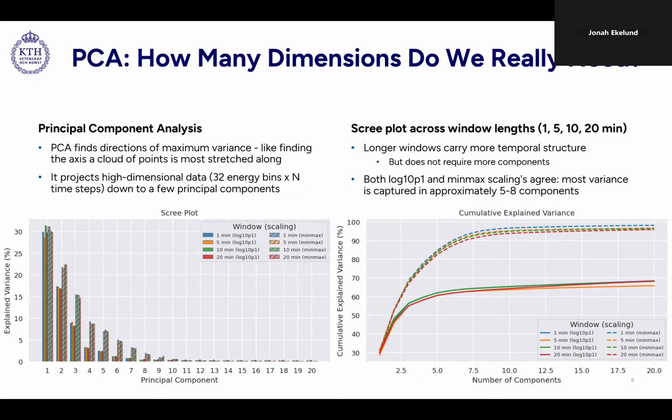And here we do this for log 10 and min-max scaling. We can see that at around 8 to 10 components, I wrote 5 to 8 there, but around 8 to 10, we're starting to have as much explained variance as we can get into the components.